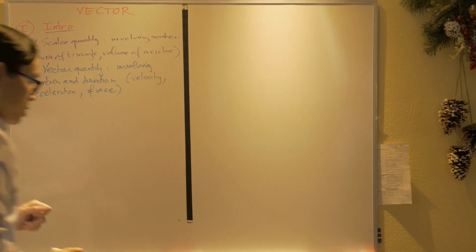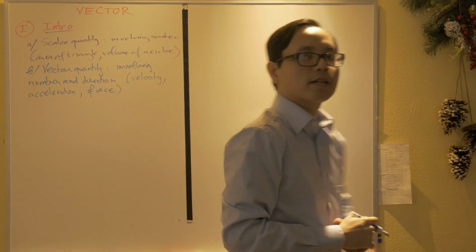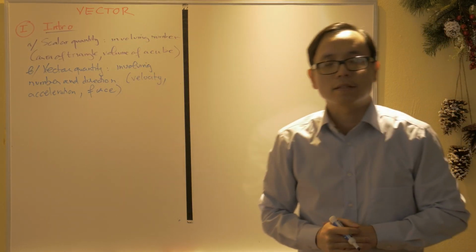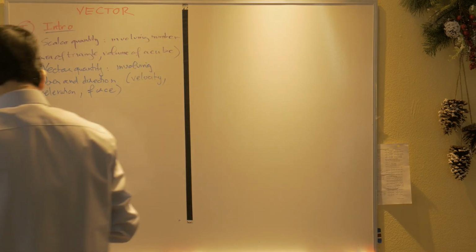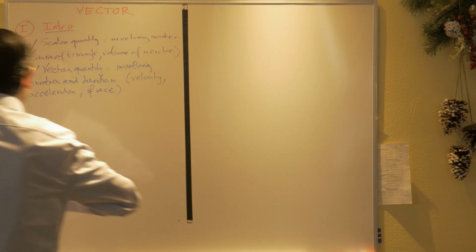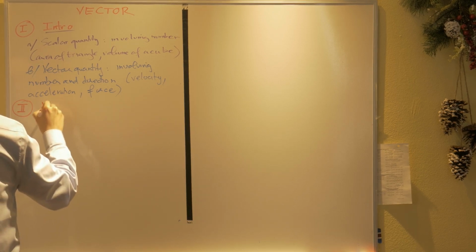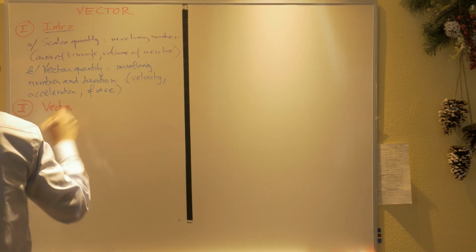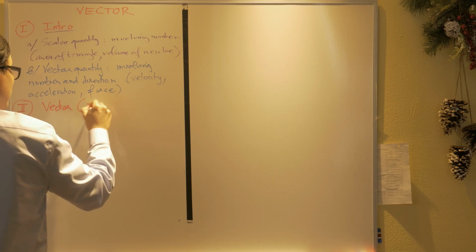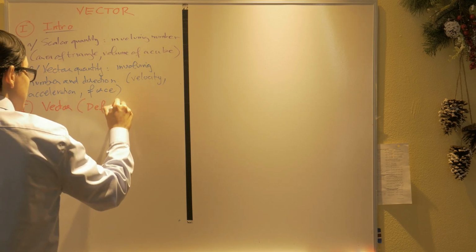But in order to understand vector quantity, we need to know what vector is. So on the second part, I want to talk about the vector itself, the vector definition.